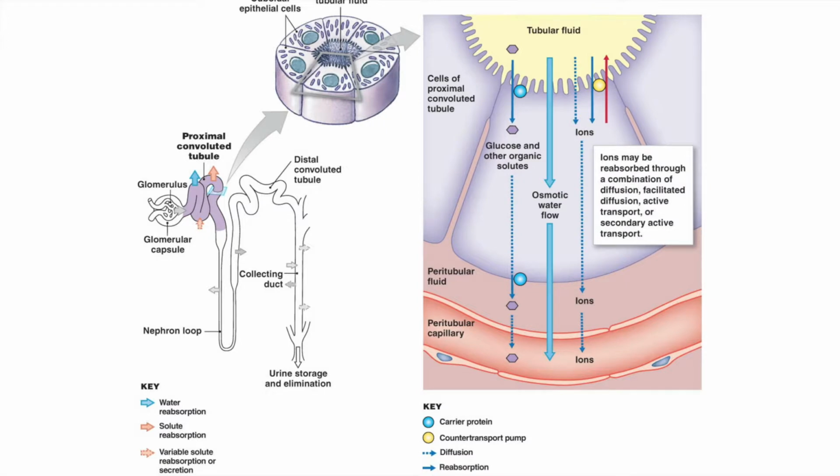So let's look at what happens in each segment of these kidney tubules. This is the proximal convoluted tubule, or PCT. In this, glucose and organic nutrients are actively reabsorbed. Ions diffuse back into the blood, and water follows by osmosis. So all the nutrients and good things are reabsorbed right back into the blood.